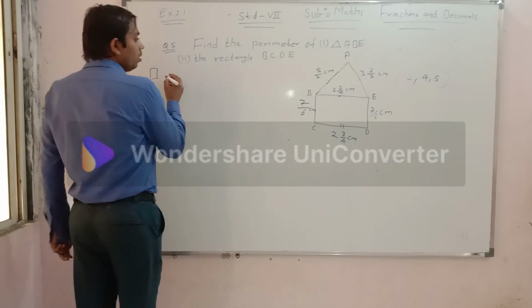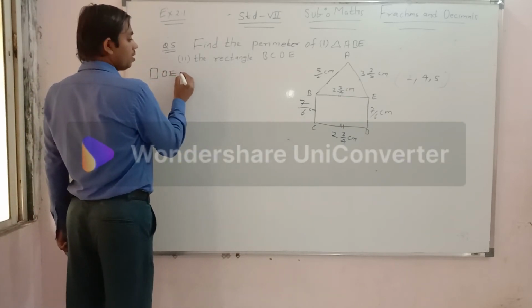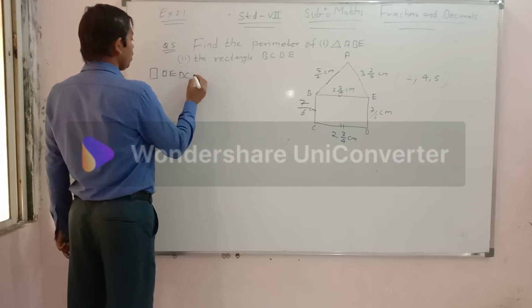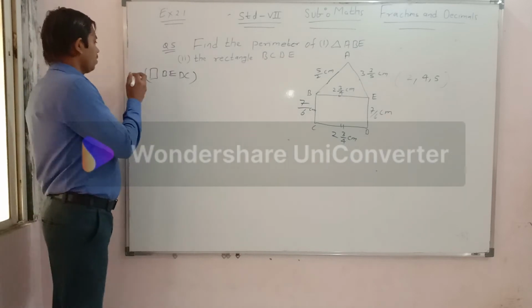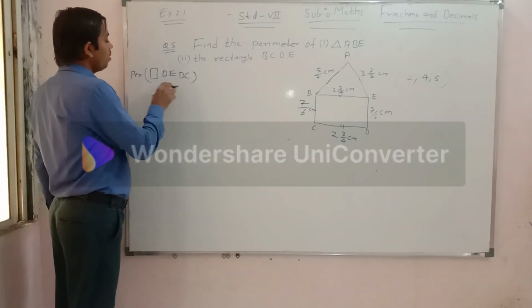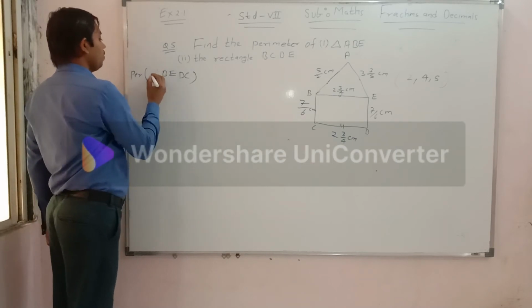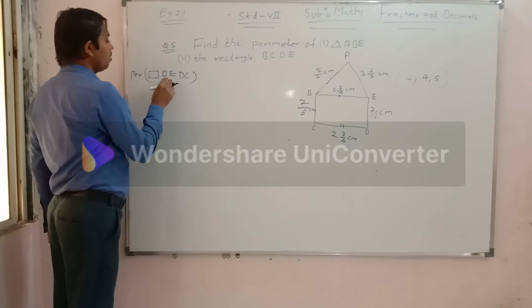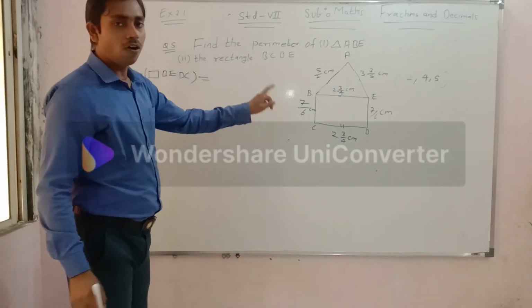Perimeter for the rectangle BEDC is equal to, I am just writing in shortcut form, sum of all sides.